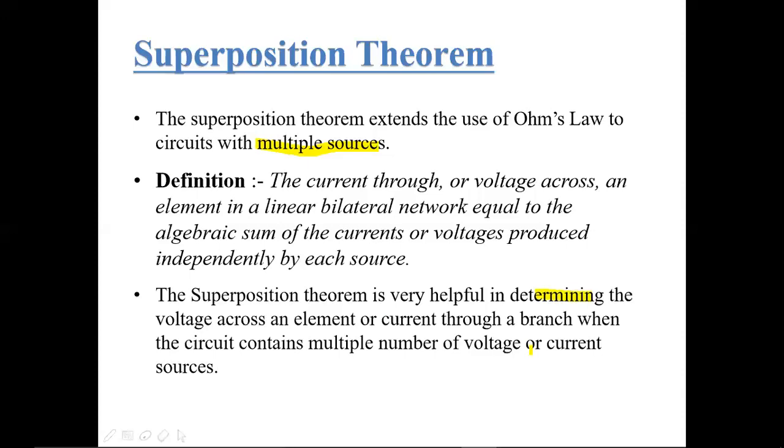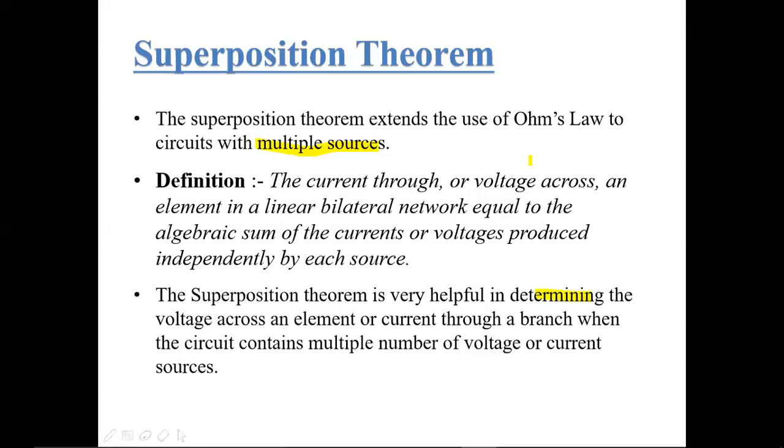The actual statement of the superposition theorem is, in a linear bilateral resistive network containing two or more voltage sources, the resultant current in any branch is the algebraic sum of the currents that would be produced by each voltage source acting alone, and all other voltage sources are being replaced by their internal resistance.